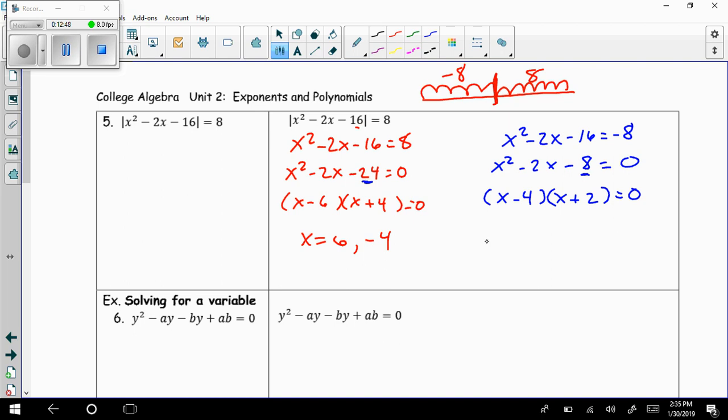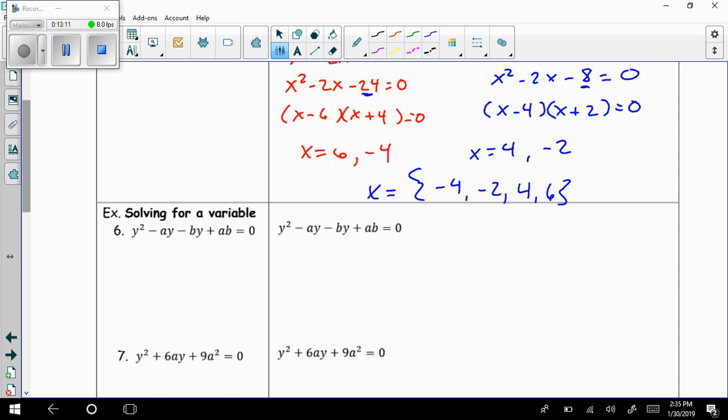So x equals 4 and x equals negative 2. So your entire solution set, I'm just going to put these in order: negative 4, negative 2, 4, and 6, for any of those 4 values. So if you plug any of those 4 values into your original equation, you will get 0.